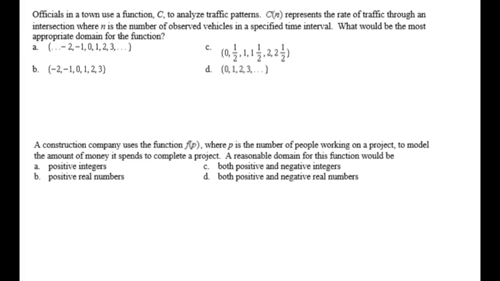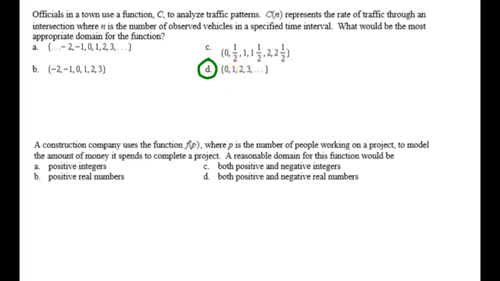So we can eliminate parts A and B because we can't have negative values. We can eliminate C because we can't have part of a vehicle. So the only answer choice that would make sense in this case would be D: 0, 1, 2, 3, and so on and so forth, counting the number of vehicles. So that represents the whole numbers because we have the natural counting numbers 1, 2, 3, 4, and we can include 0.